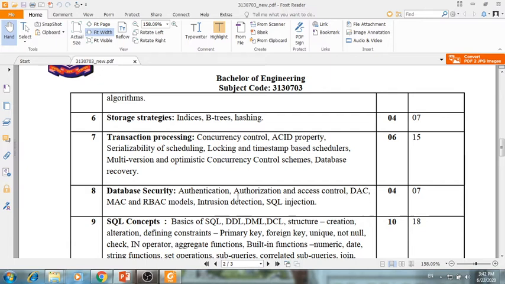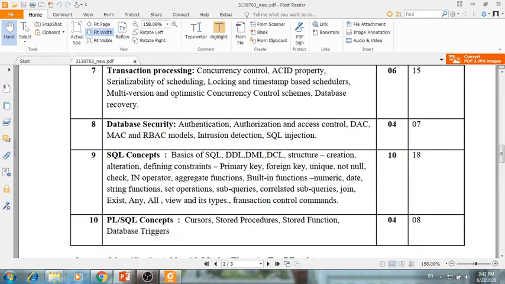Next unit is database security. After creating the database, we need to check whether it is authenticated or not, and whether the user is authorized or not. Based on authentication, we can give privileges to a particular user. Next is the SQL concepts, which include structured query language, DDL, DML, DCL, TCL.